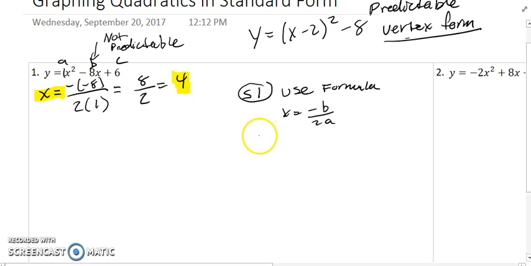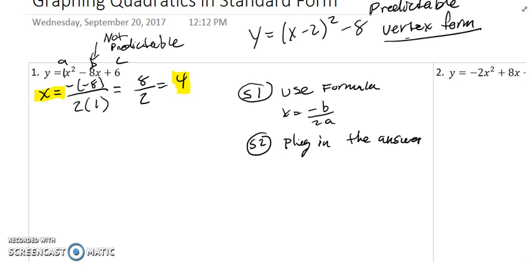Okay? So then step 2, where we need to plug in the answer that we just received, because we want a y equals. So let's go ahead and take this 4 and plug it in for each x.